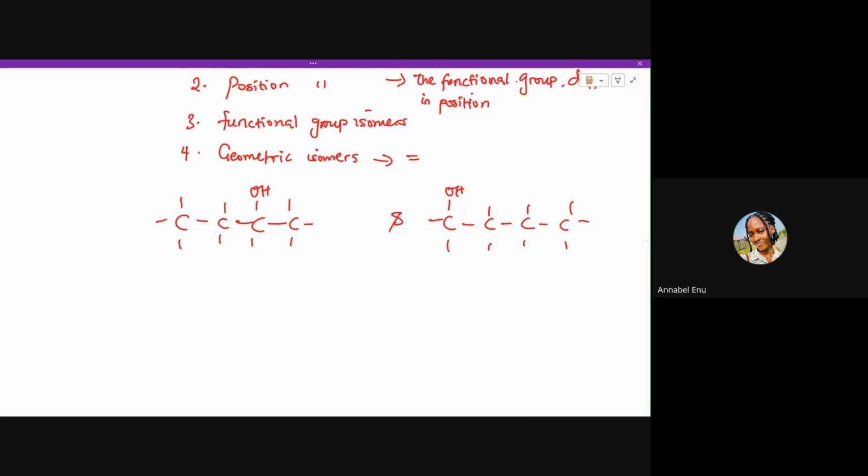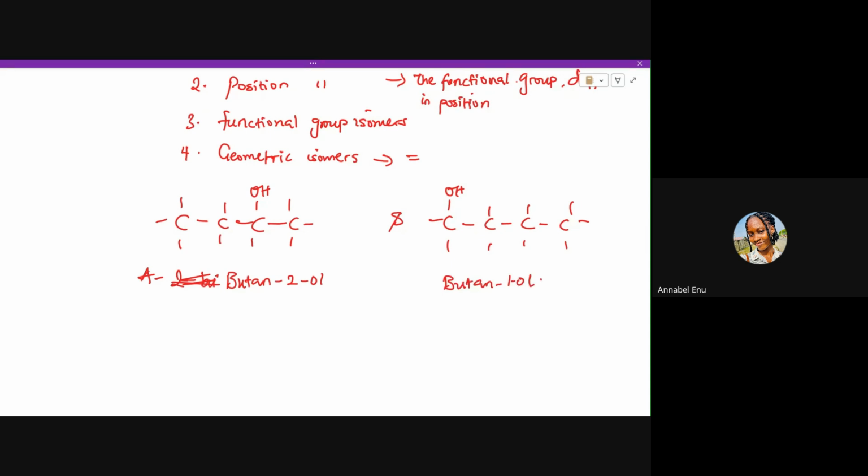So this first structure A will be called 2-butanol, or rather butan-2-ol. And this other one would be butan-1-ol. You see, their names are not the same.